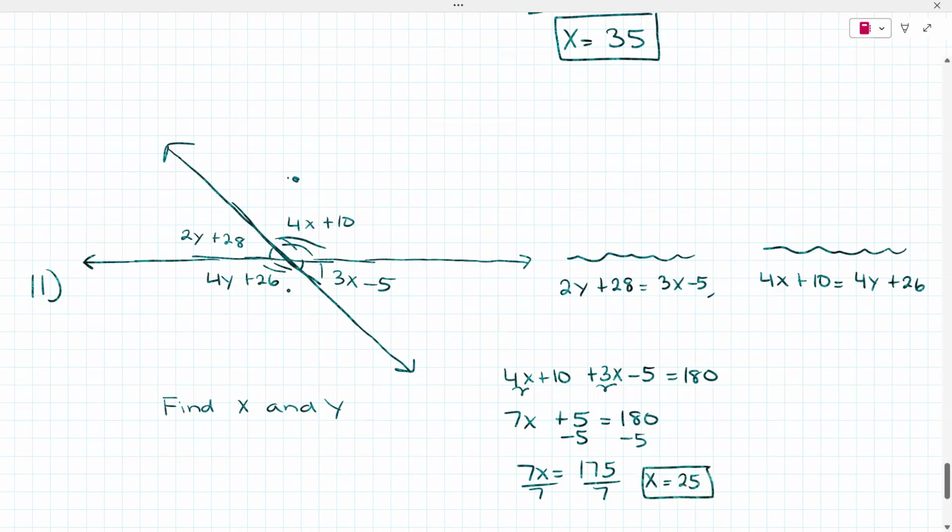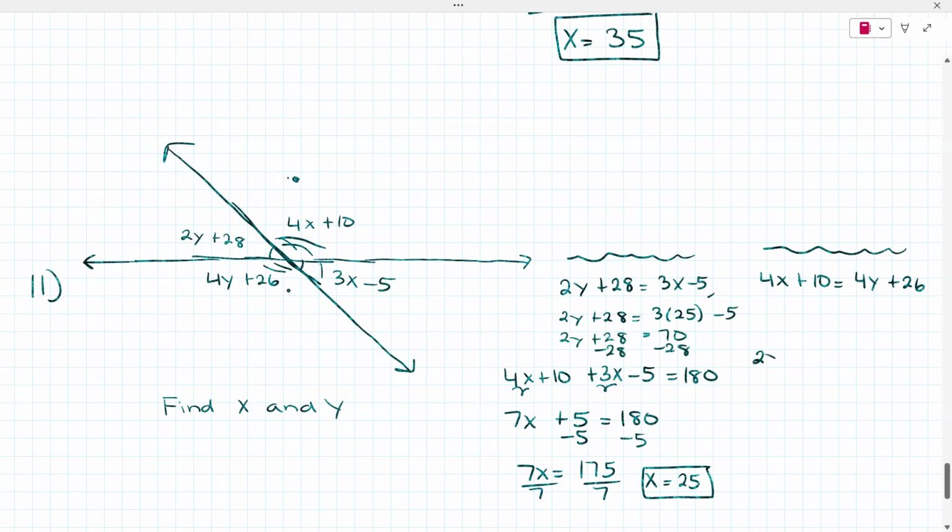Okay, now that we have x, we can plug it back into our equation to solve for y. So if I plug it here, this would be 2y plus 28 equals 3 times x minus 5. 3 times 25 is 75, minus 5 is 70. And then you have 2y plus 28, subtract 28 from both sides.